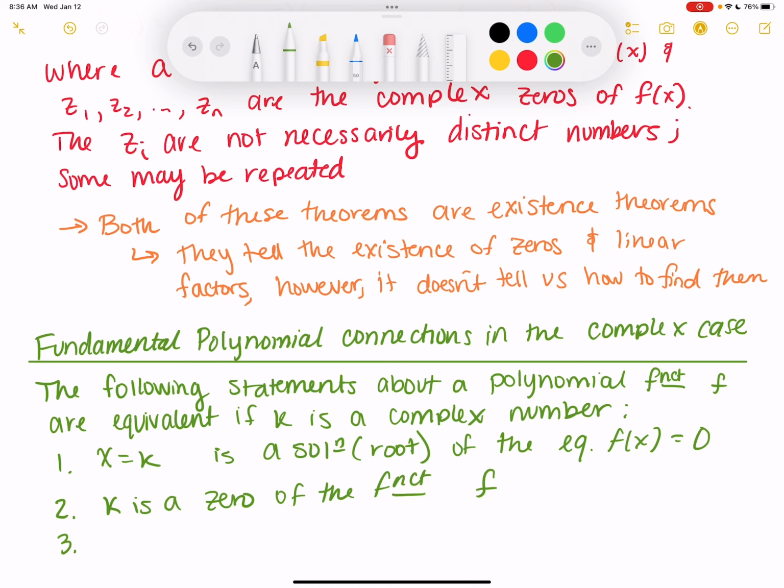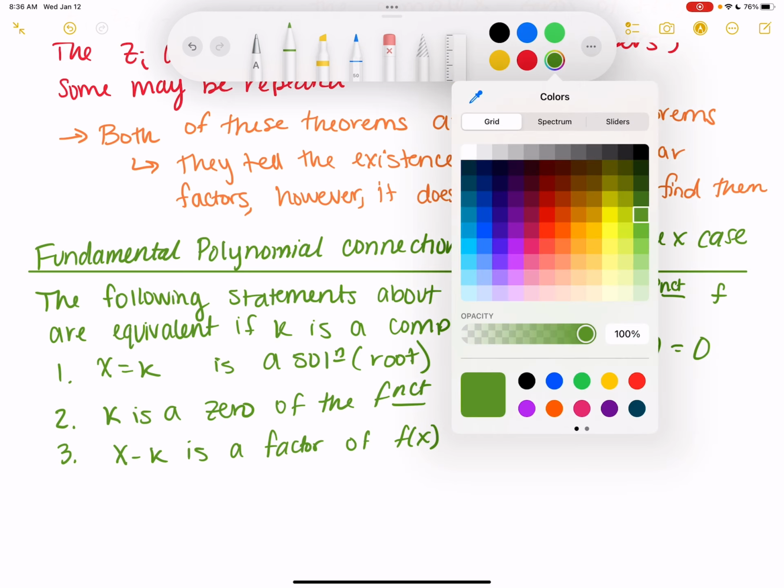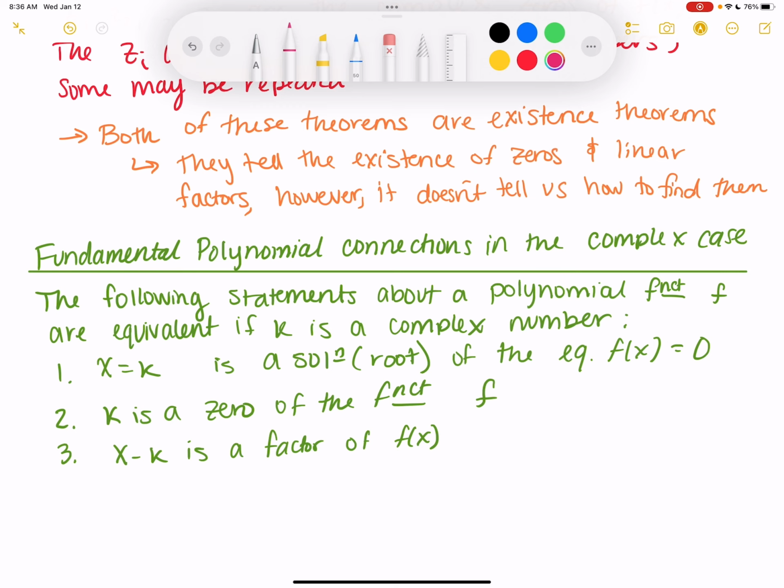And then 3, x minus k is a factor of f of x. And then just a little reminder, i squared is equal to -1, i cubed is equal to -i, and i to the 4th is equal to 1.